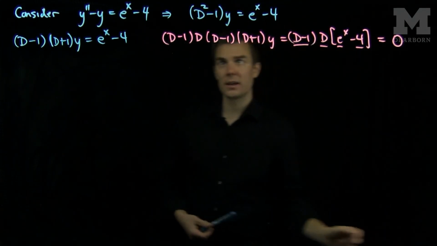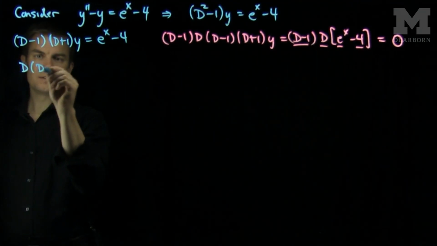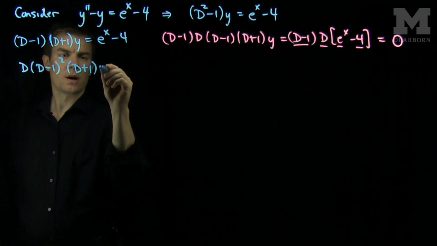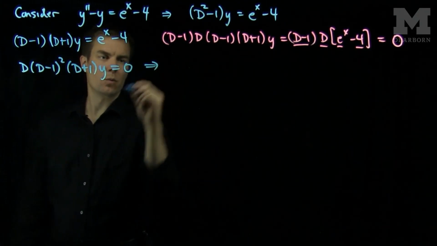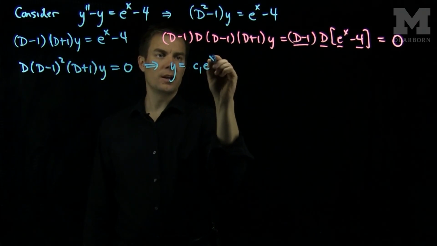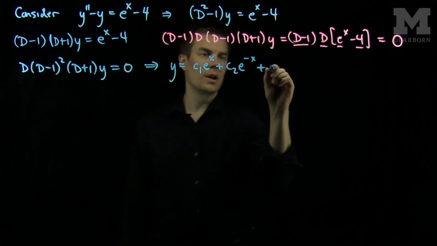So our ODE has been converted to a homogeneous one that has the form D minus 1 squared, D plus 1 applied to y is equal to 0, which has a general solution: y equals c1 e to the x plus c2 e to the negative x plus c3.